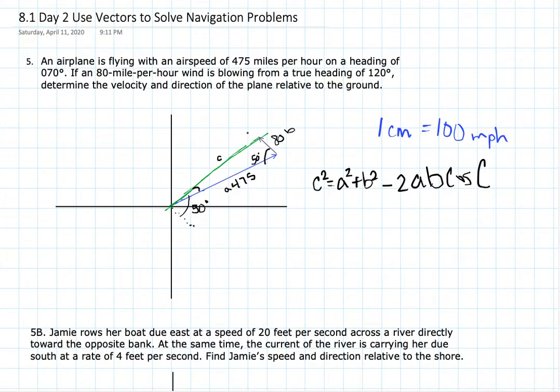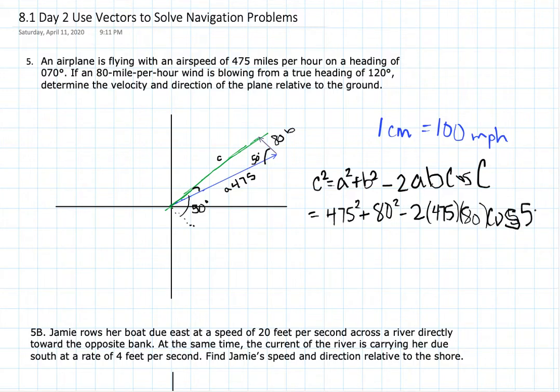So I'm going to solve for the length or magnitude of C, and I have my other two right here. So A squared would be 475 squared. B squared would be 80 squared. Minus 2 times 475 times 80. And here's my C times cosine 50.